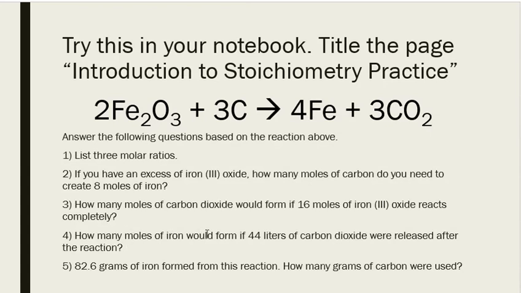How many moles of iron would form if 44 liters of carbon dioxide were released after the reaction? In this presentation, we've only been talking about moles. So you're first going to have to convert from liters of carbon dioxide into moles of carbon dioxide, and then convert from moles of carbon dioxide into moles of iron.